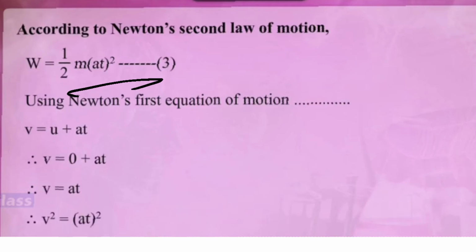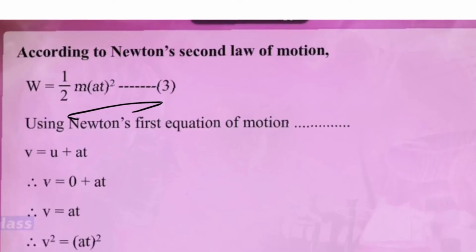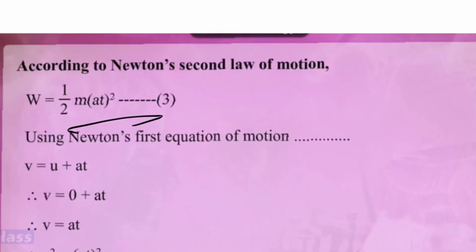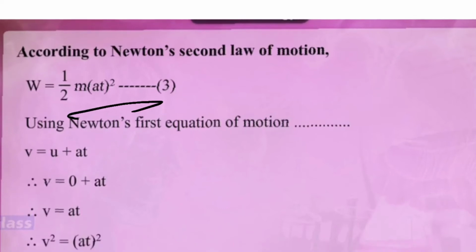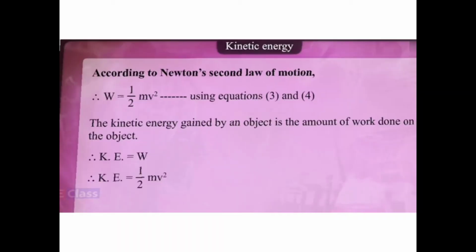So what will be v square? v square is equal to at the whole square. Now observe what I got here, v square as at the whole square, and here also we have at the whole square. So can I replace this at square by v square? Right. So what we can get is W is equal to half mv square.